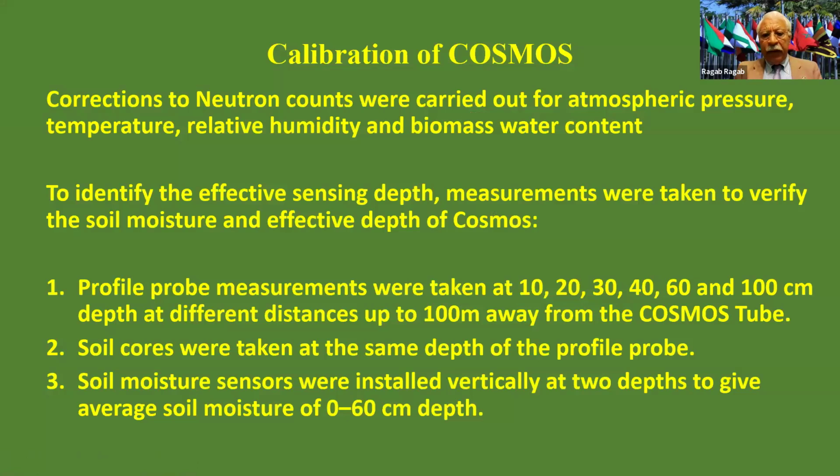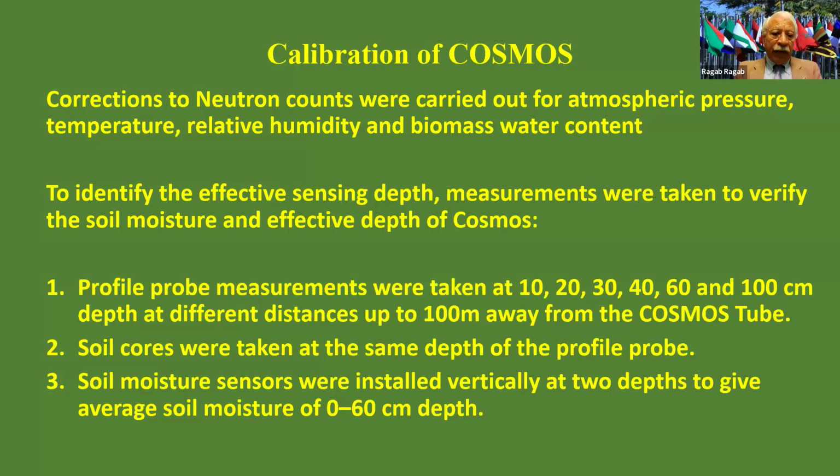One is to see the effective depth of Cosmos for agriculture irrigated areas. And number two, I needed to know how far the Cosmos can sense the soil moisture from the tube. Is it 100 meters, 200 meters away? I can get the measurements, and for how deep. So those were two questions.